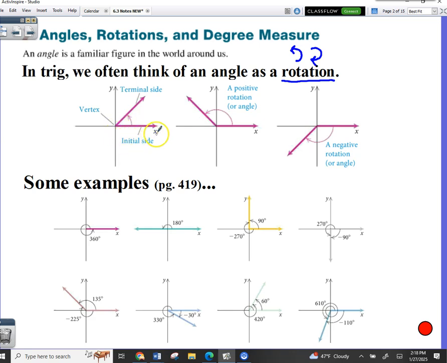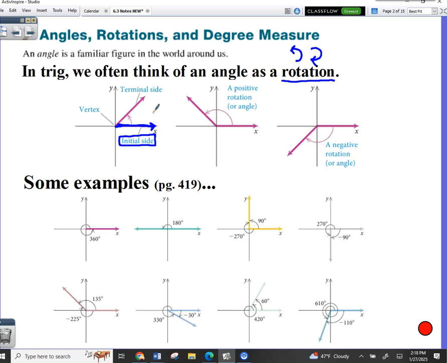This is a vocab word, initial side. The initial side of an angle from now on will be right here. This ray laying on the x-axis, that is your initial side. So if you're looking at me, the x-axis to the positive, this is the initial side, okay?